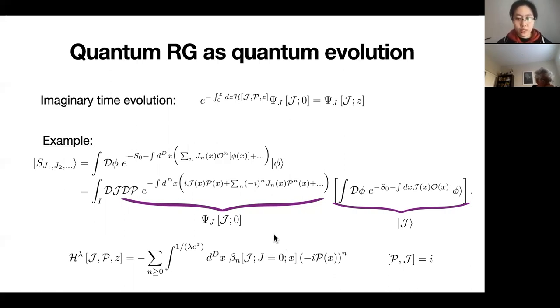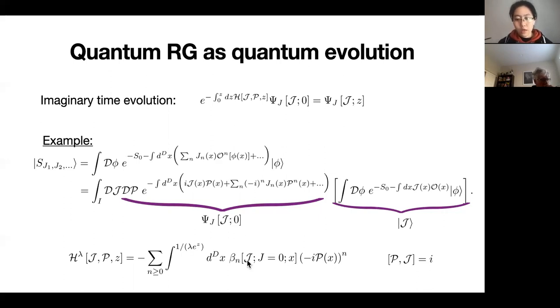Let me give you an example. As we saw before, the state vector constructed by this deformed action can be written as a linear superposition of the basis vectors. In this case, the induced RG Hamiltonian takes this form. It's a function of the beta function sourced by the single trace coupling.